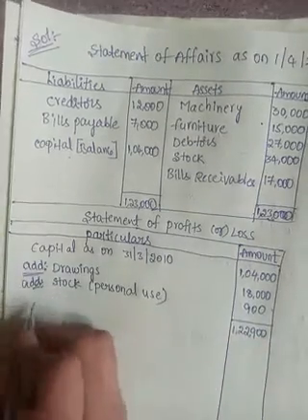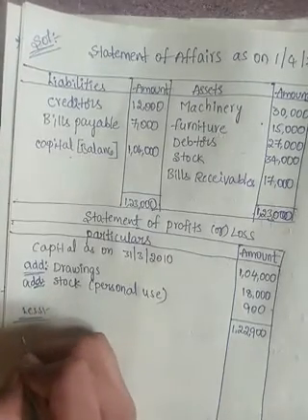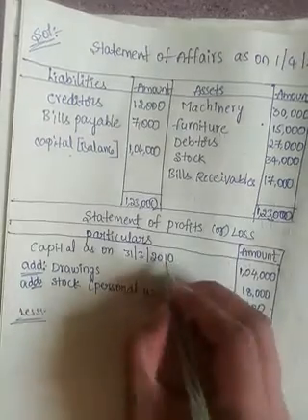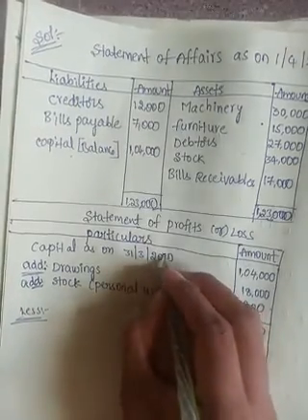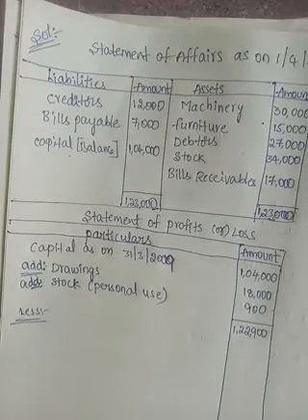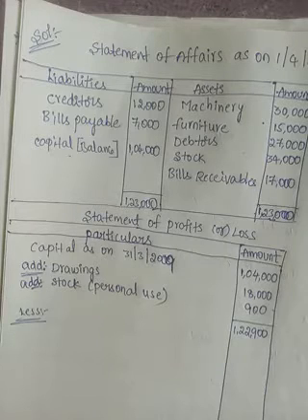From this we will deduct the opening capital. Sorry, here it will be 2009, 1st April 2008 to 31st March 2009.